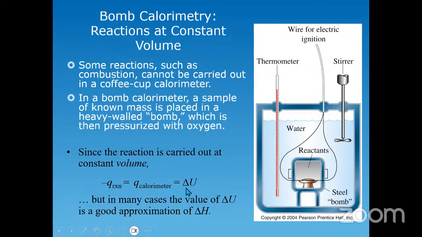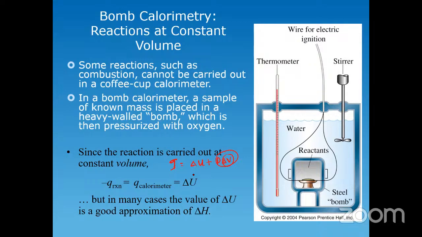So what does that mean? That means Q of the reaction will be equal to minus Q of the calorimeter, which will be equal to just the change in internal energy. Now remember, Q would be equal to internal energy change plus P delta V. But because delta V is zero, this is zero.